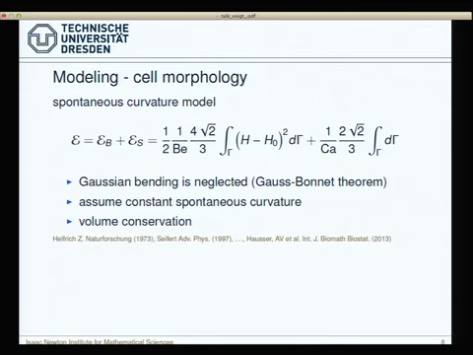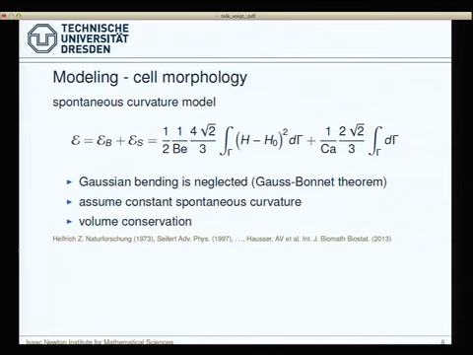And in addition to this, we have surface tension terms, and it's here just written in dimensionless form with some dimensionless parameters, a bending capillary number and a capillary number. So behind this are the bending rigidity and the surface tension. And there might be other terms playing a role as well, for example, the Gaussian curvature.